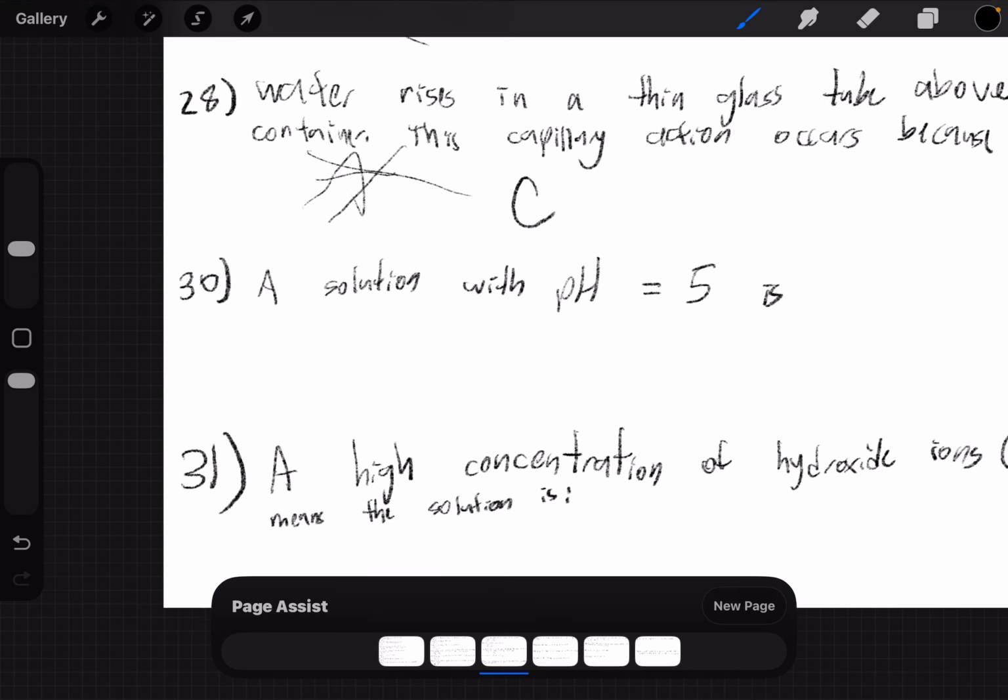A solution with pH equals 5 is. So for this, I wrote D, which is saturated, but it's actually wrong, and it's C, which is acidic.